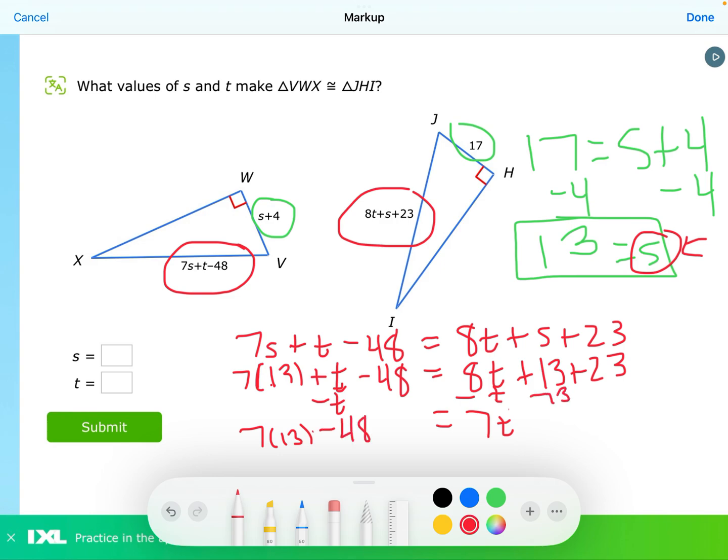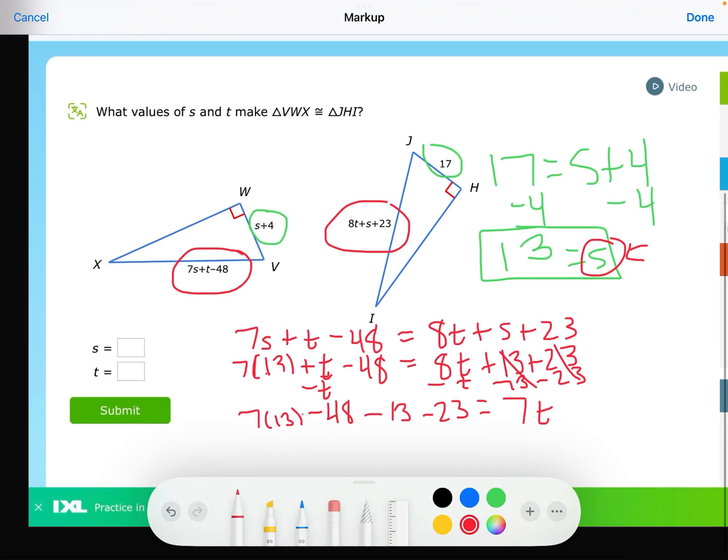I'm going to subtract this 13, I'm going to subtract this 23 to cancel these out and bring them over here. So let me actually rearrange this a little bit. So minus 13 minus 23 equals 7T.